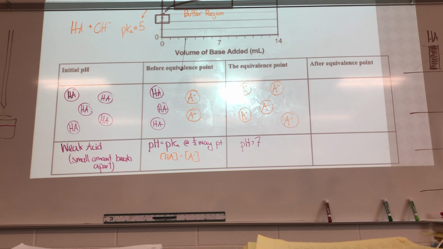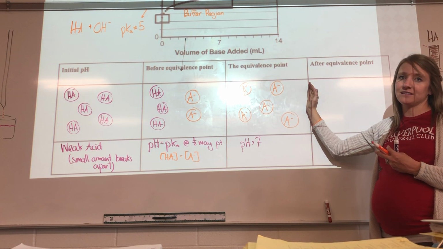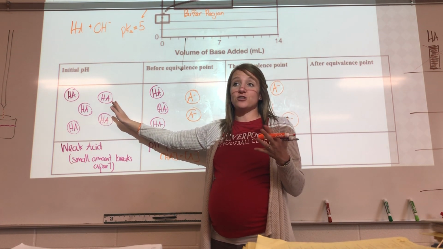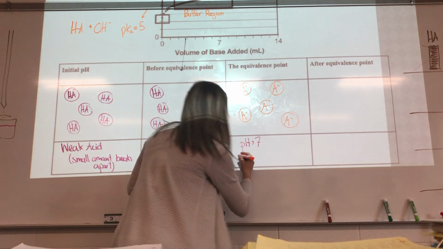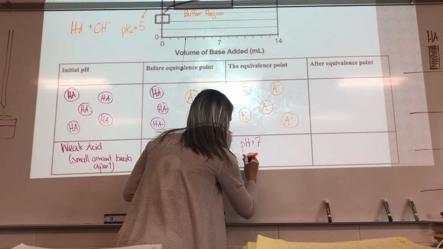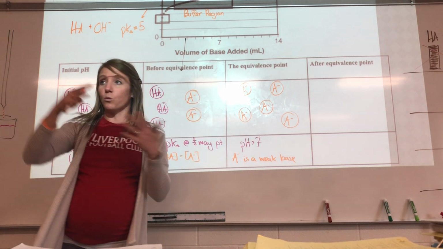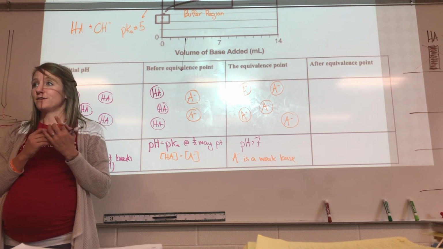So what we get is new OH made, because A minus is a weak base. Now once again, ratio-wise, how much OH minus is there in comparison to A minus? Teeny tiny. It's the same reason why drawing H plus here is a little off for ratio. But if you want, it is there, because that's why the pH is above 7. So since the A minus that's created is a weak base, it can react with the water that's around and produce a small extent of OH minus.